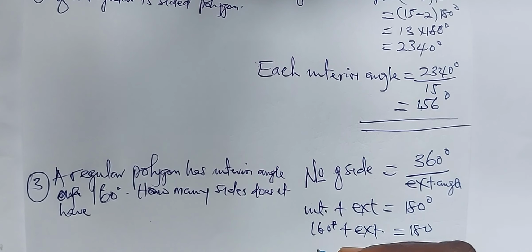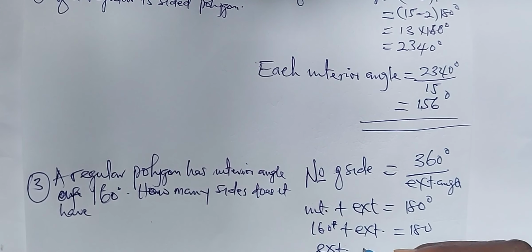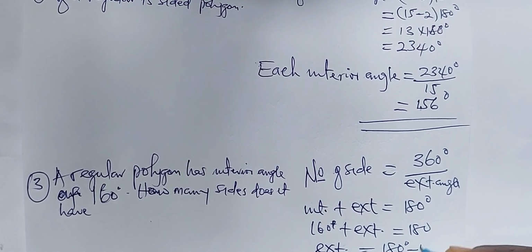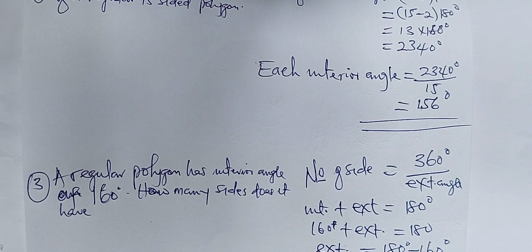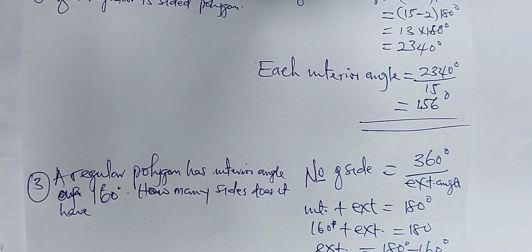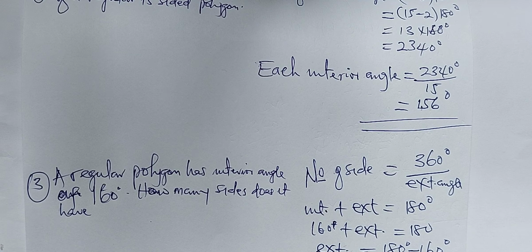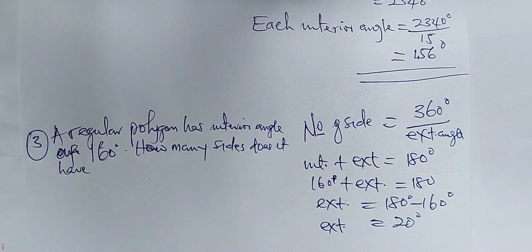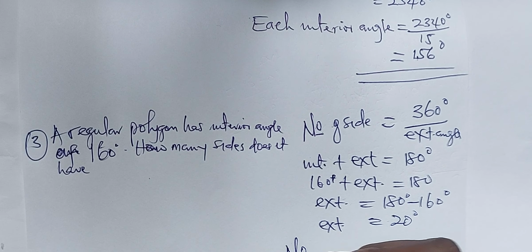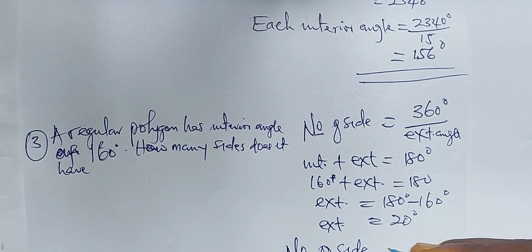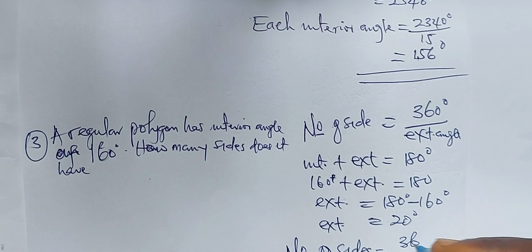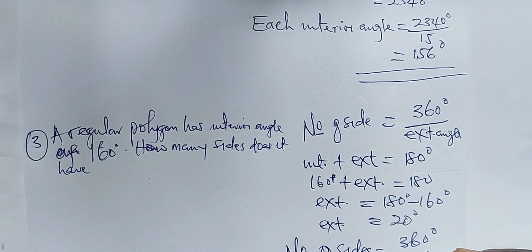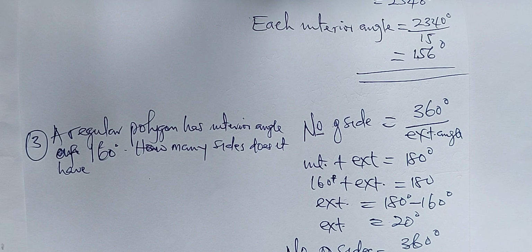Okay, so our exterior angle is equal to 180 degrees minus 160 degrees, which gives you 20 degrees. The exterior angle is 20 degrees. So the number of sides is equal to 360 degrees divided by 20. 360 divided by 20 gives you how many? 18.